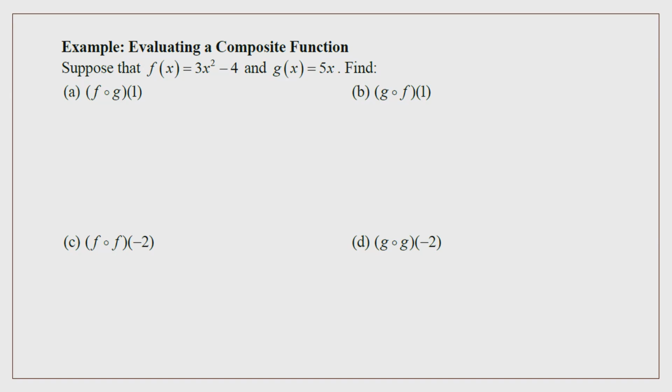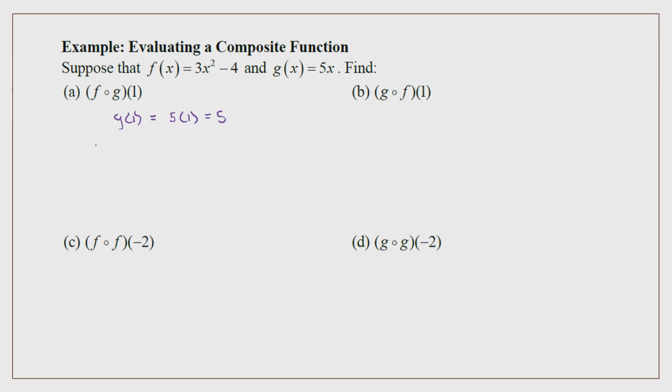Just like in our definition, we first start with g of x and then substitute it into f. So we first find g of 1. Substituting 1 into g of x, that would be 5 times 1, which gets us the value 5.